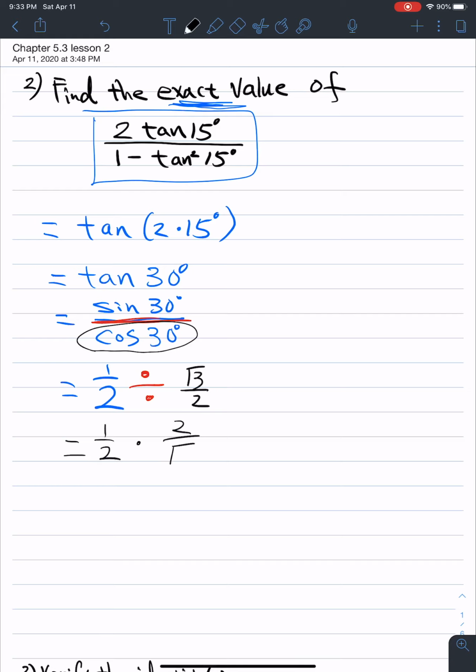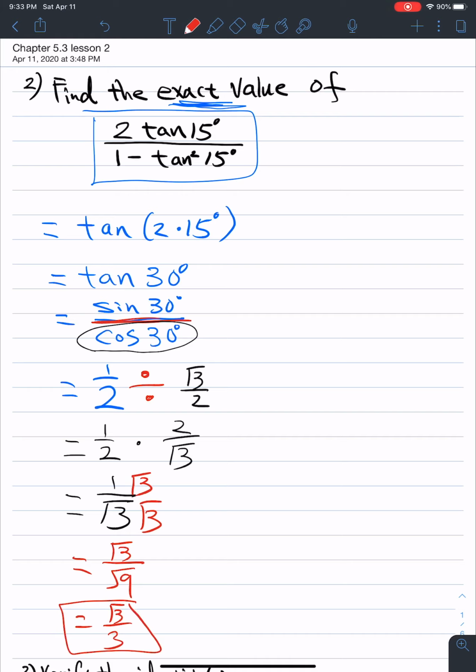Reciprocal. We all know that we do not allow a radical inside the denominator. Do you see it? So that's my final answer.